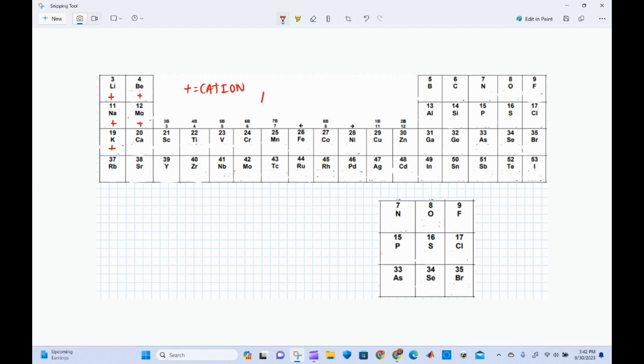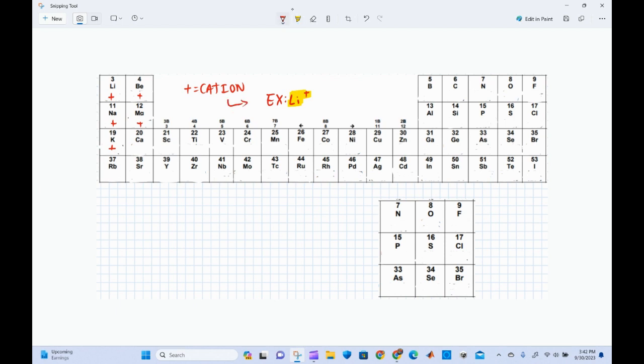So imagine Li plus. That's an example of a cation.